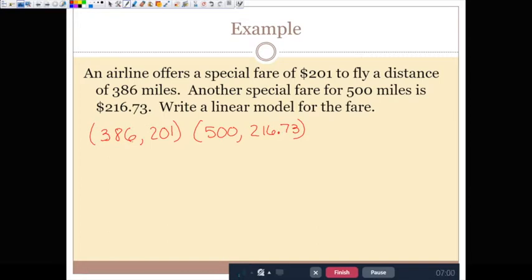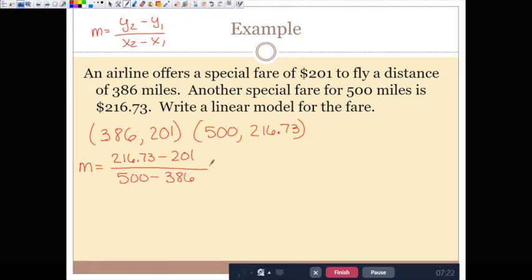So we're going to use our equation m equals y2 minus y1 over x2 minus x1 to find our slope. So I'm going to take 216.73 minus 201 over 500 minus 386. So I'm going to get 15.73 on top over 114. And when I divide that, it's going to give me 0.14.